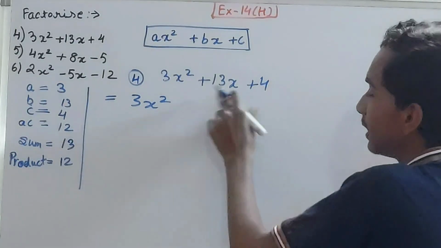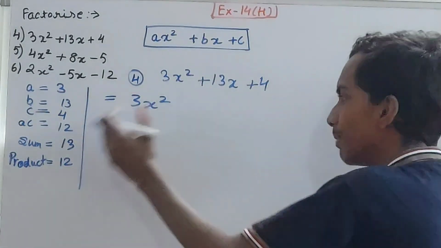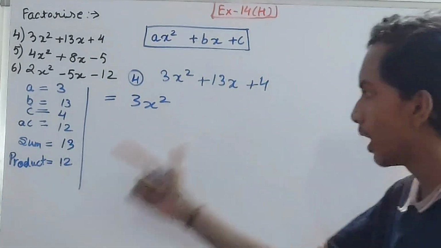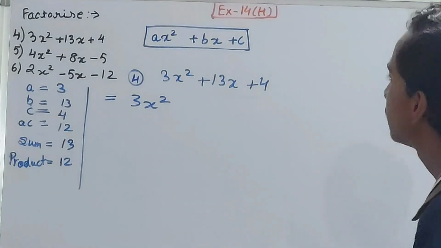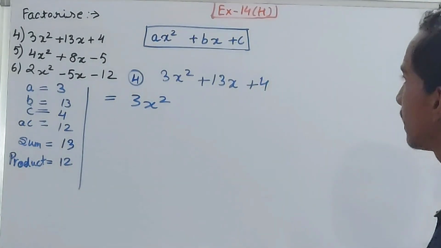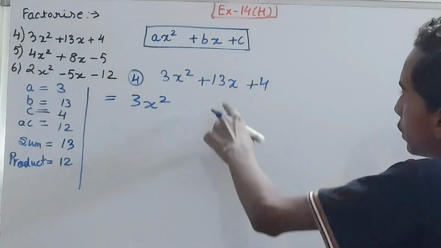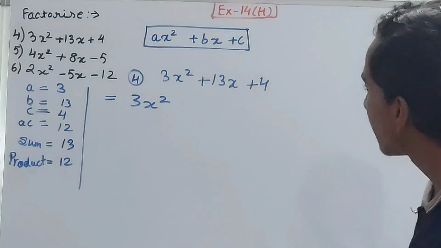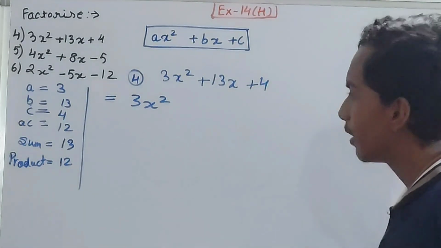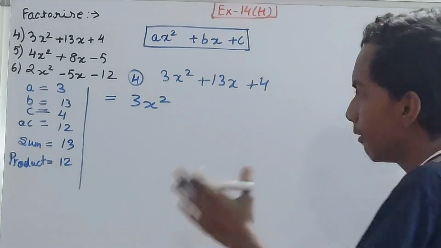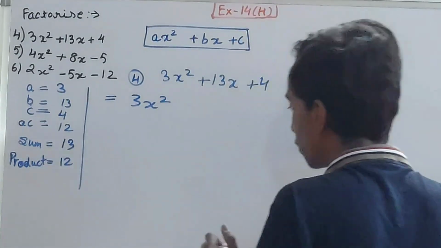Now you have to split 13x in such a way that the sum is 13 and the product is 12. So the only option is 12 and 1. 12 plus 1 is 13.